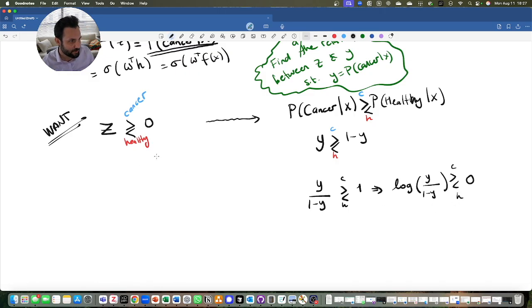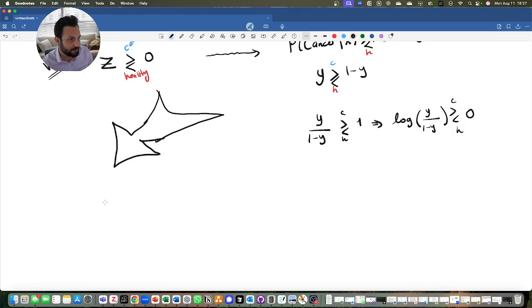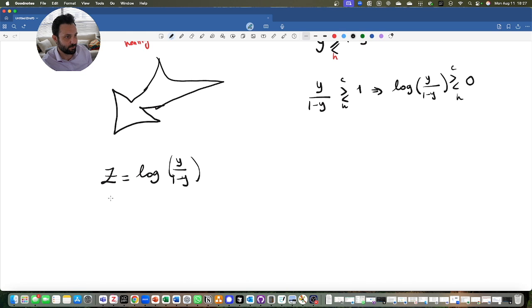Then merging these two things, I can go ahead and write here Z is equal to log of Y over 1 minus Y. Then I can take the exponential of both sides. Exponential of Z is equal to Y over 1 minus Y.